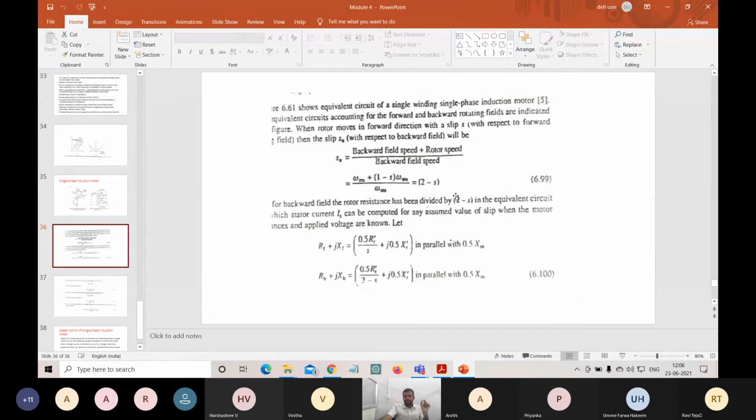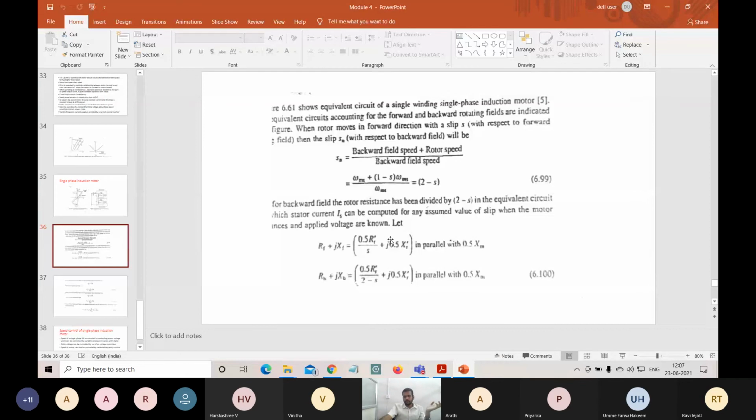Okay, and this is our relationship for impedance R plus jX. RF plus JXF is for forward field, RB plus JXB is for backward field.